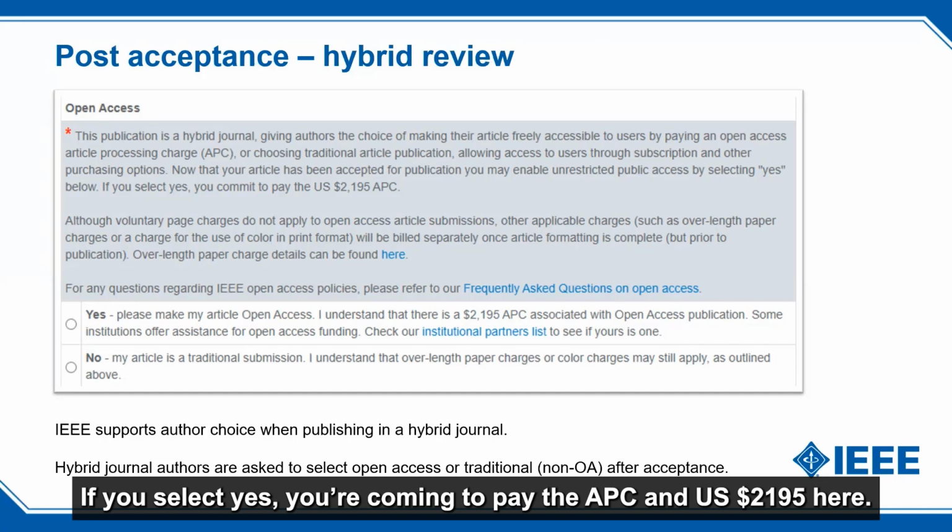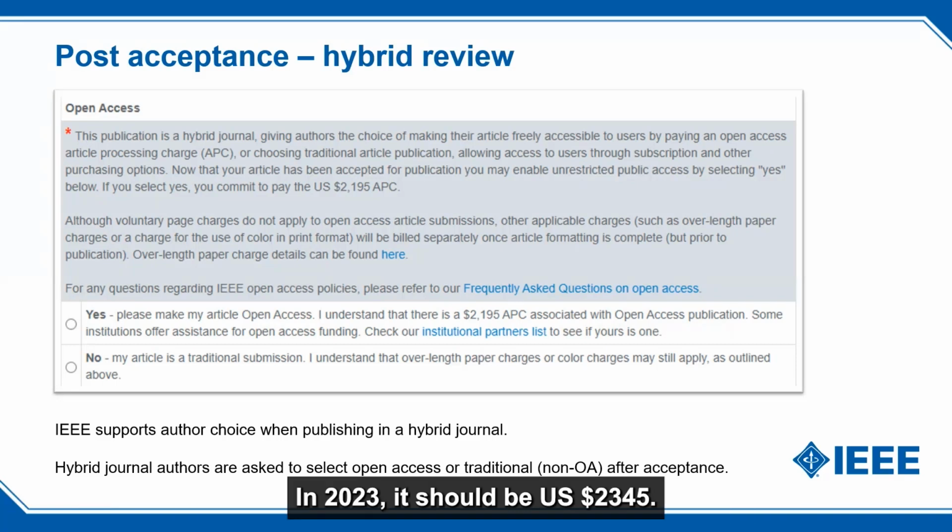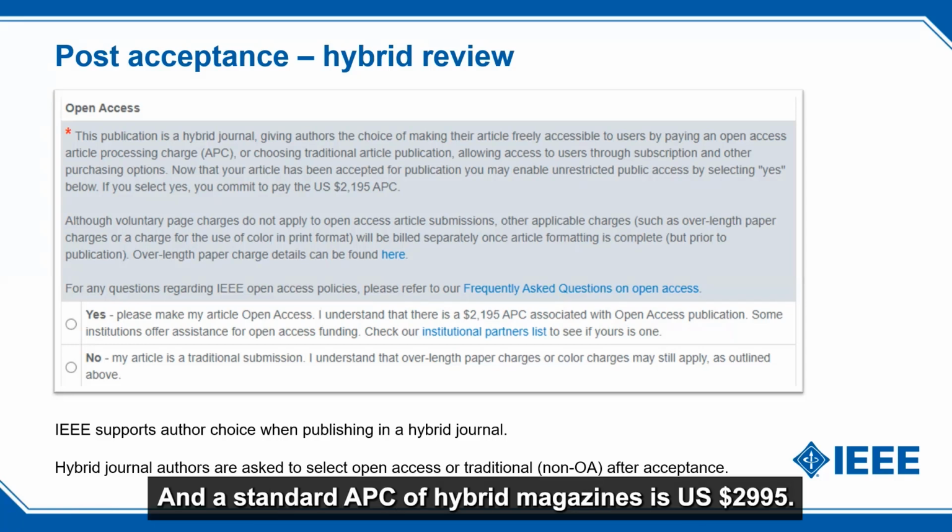And $2,195 here is the standard APC of a hybrid journal in 2022. In 2023, it should be $2,345. And the standard APC of hybrid magazines is $2,995.